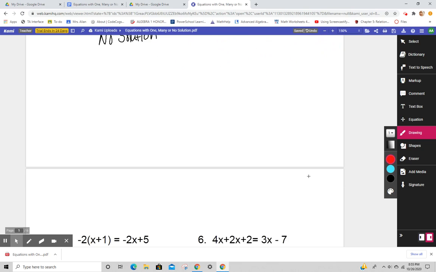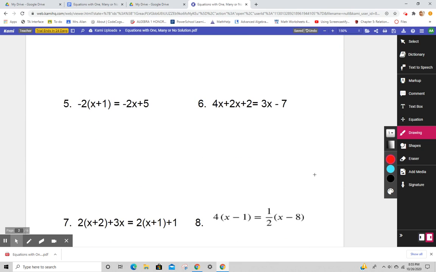All right, let's keep going. So let's go ahead and solve this first. Negative 2 times x is negative 2x. And negative 2 times 1 is negative 2 equals negative 2x plus 5. Let's get all of our x's on the same side.